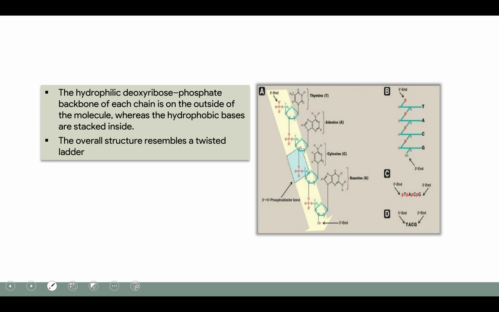The hydrophilic backbone, which is made up of deoxyribose phosphate of each chain, is on the outside of the molecule, whereas the hydrophobic bases are stacked inside the DNA molecule. So the overall structure of DNA resembles a twisted ladder. The outer side is hydrophilic, whereas the inner part, which is bound to the other strand, is hydrophobic.